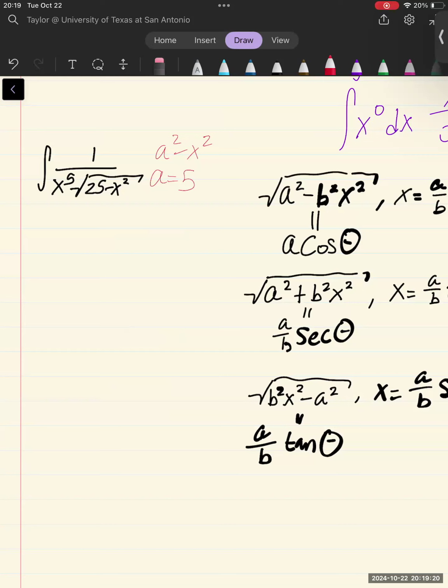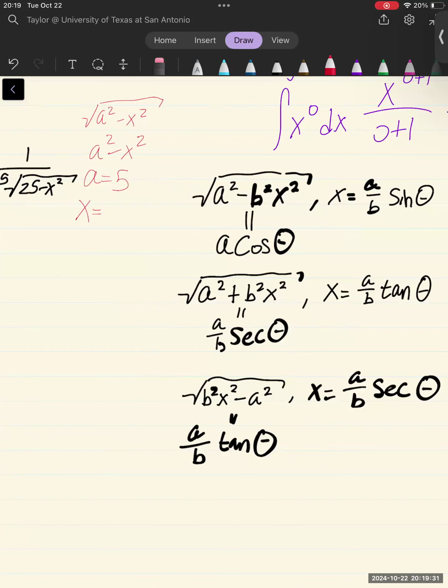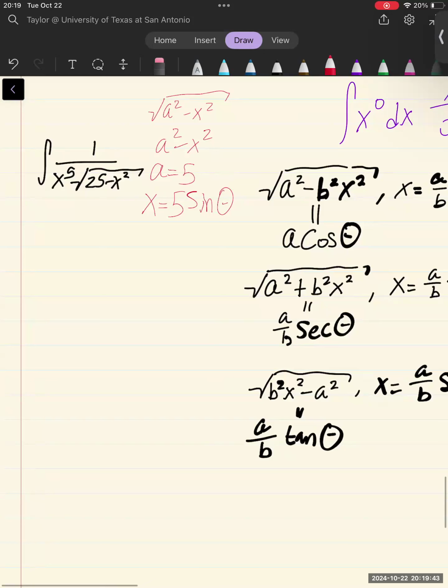And when we're in the form a squared minus x squared, x equals a sine theta, which in this case is 5 sine theta. And then we've got one more term to worry about, dx. So dx is 5 cosine theta d theta. We don't need to worry about isolating the d theta just yet.